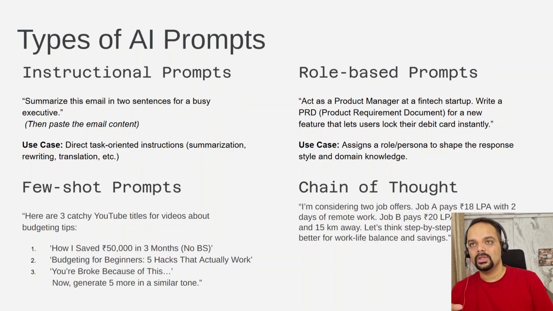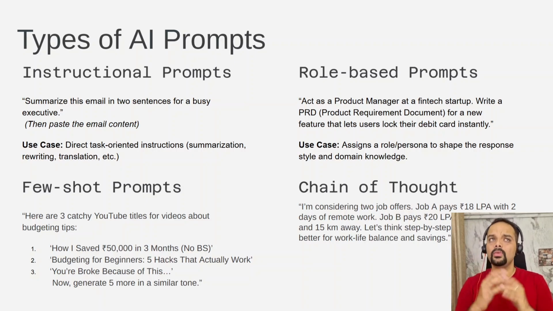The last but not the least is chain of thought prompting. One of the most powerful things that you can write in a prompt is let's think step by step. Whenever you want to do chain of thought prompting, you have to start with the line that says let's think step by step.